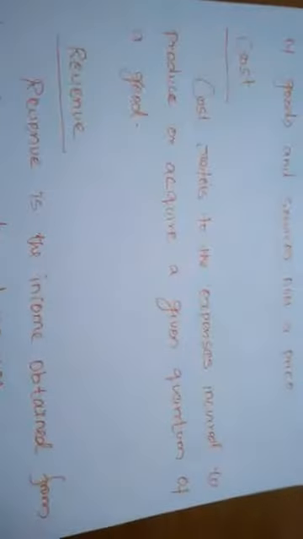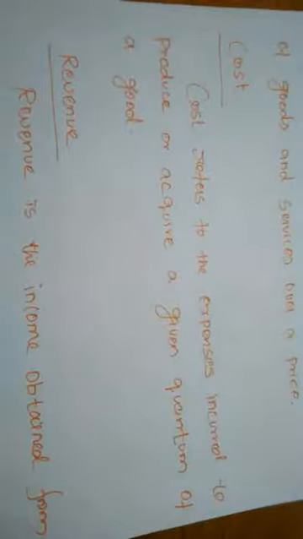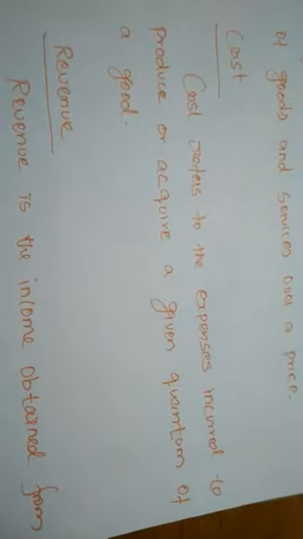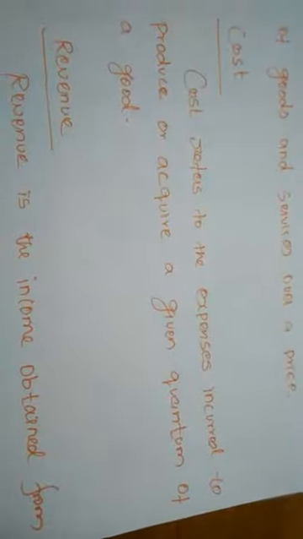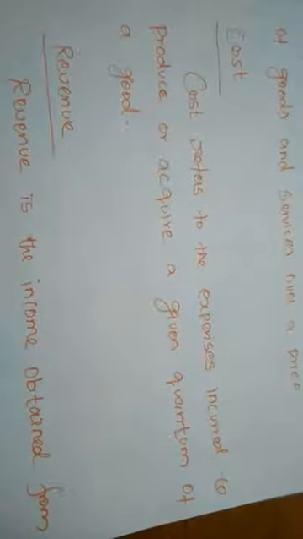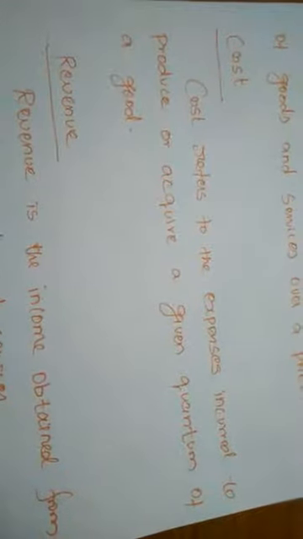Next, cost. Cost refers to the expenses incurred to produce or acquire a given quantum of good. If you want to purchase any commodity, or if producers want to produce any commodity, he must spend some amount of money to purchase or produce the commodity.